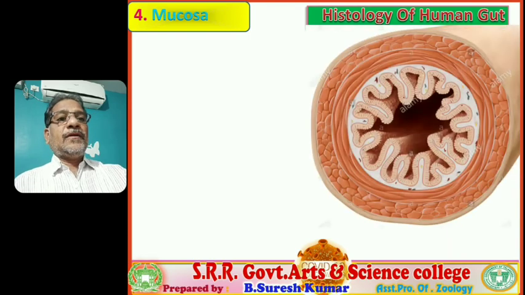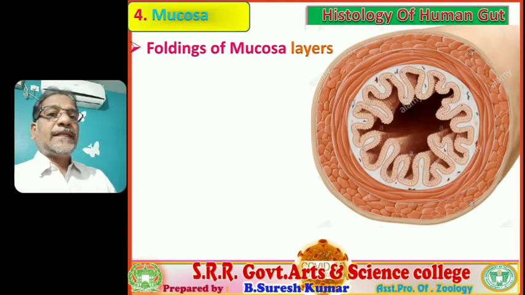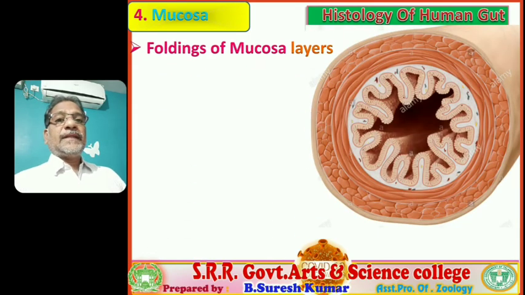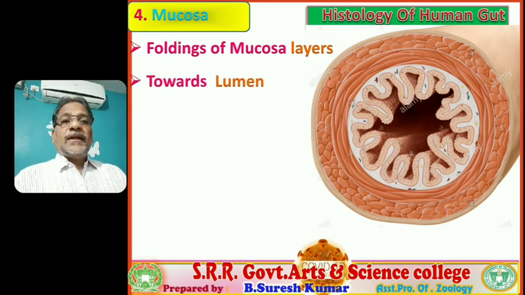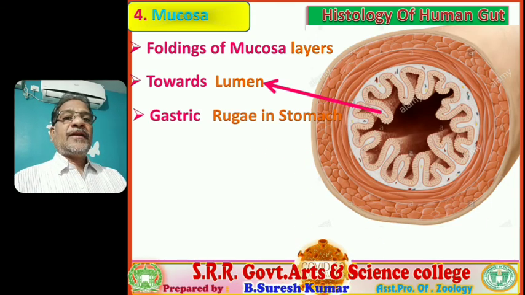Next, now we are going to discuss in detail the foldings of the mucosa layer. The foldings towards the lumen are called gastric rugae in the stomach.